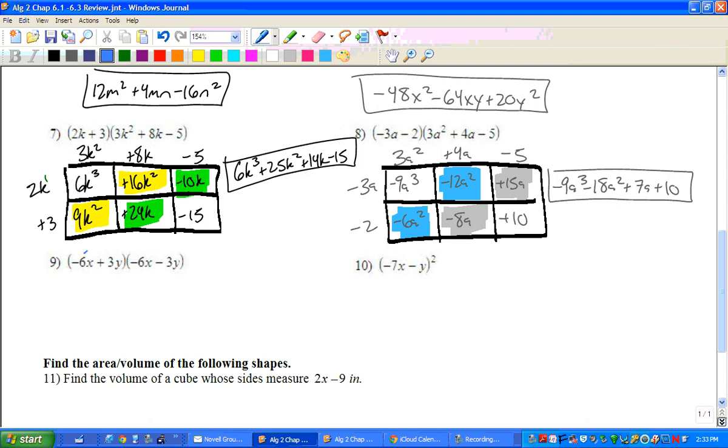So number 9, we're just going to practice FOILing again. Negative times the negative would be a positive 36x squared. The outside would be positive 18xy.